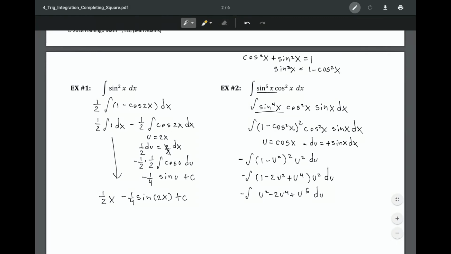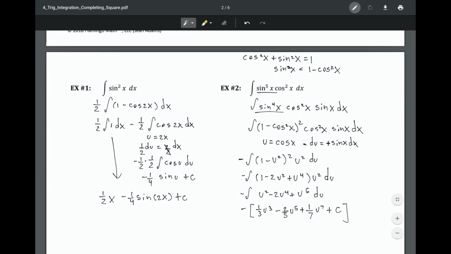Just add 1 to the power, divide by the same, right? So this is going to be 1/3 u cubed minus 2/5 u to the 5th plus 1/7 u to the 7th plus c.